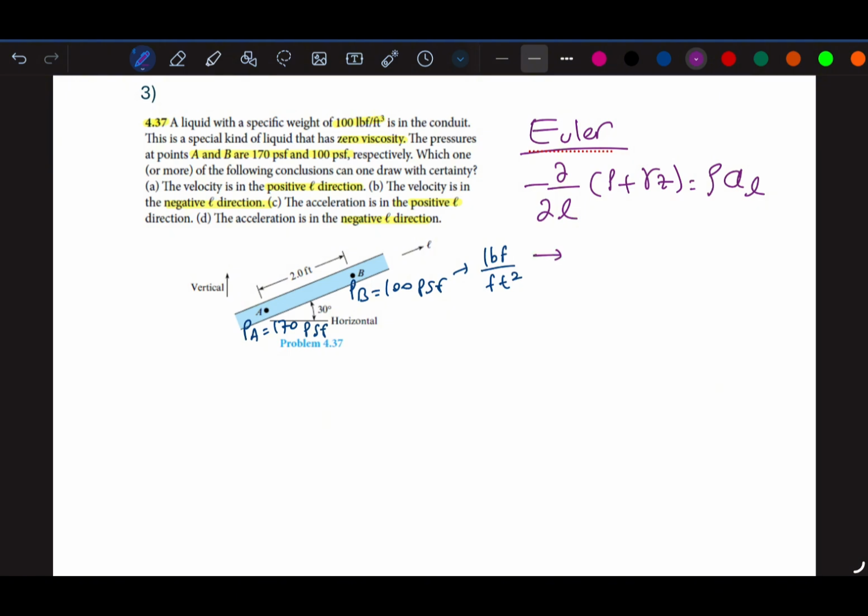So this gives minus partial derivative of P over L and minus, again, specific weight is constant, we have partial Z over partial L. This is equal to rho times acceleration.